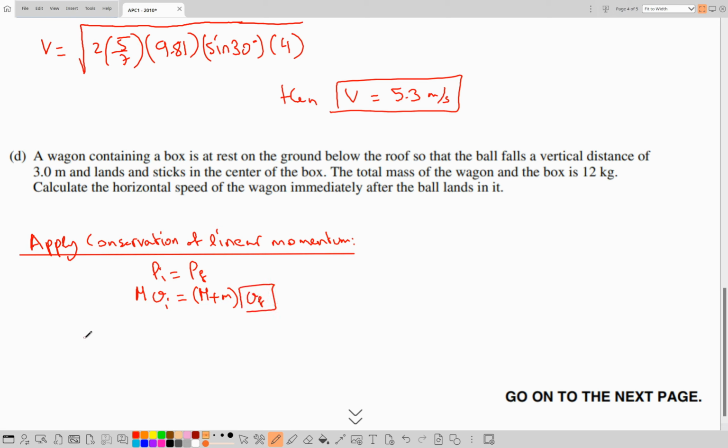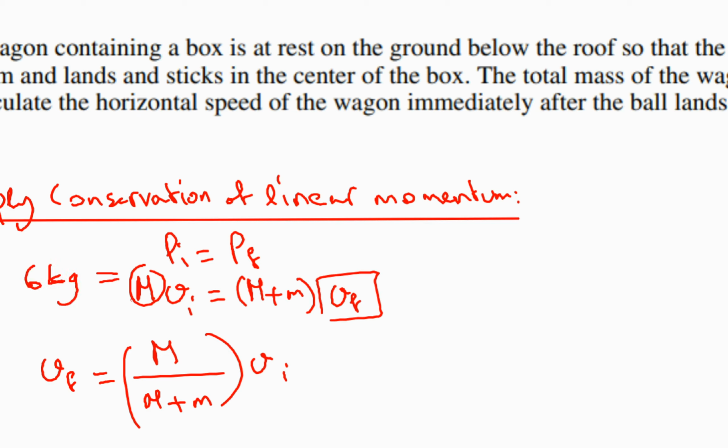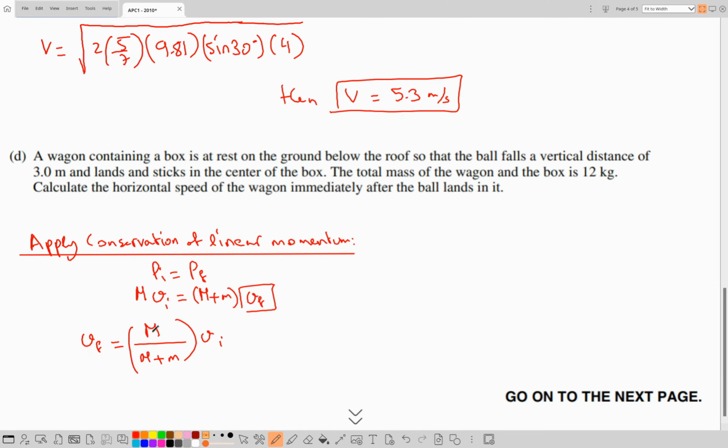Then vf in this case would be given by a fractional mass M over M plus m multiplied by vi. Now what does capital M represent? That would be the mass of the sphere, which is 6 kg, because it's the only object that possesses momentum before collision, and the small m would be 12 kg, which is the mass of the wagon and the box. So basically we know the masses, it's left to determine what is vi.